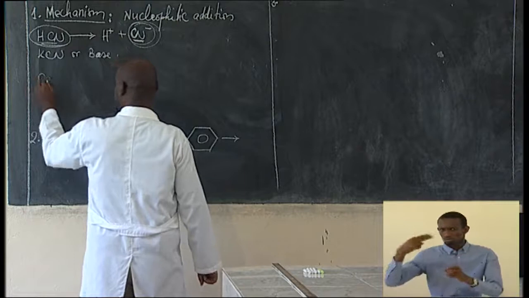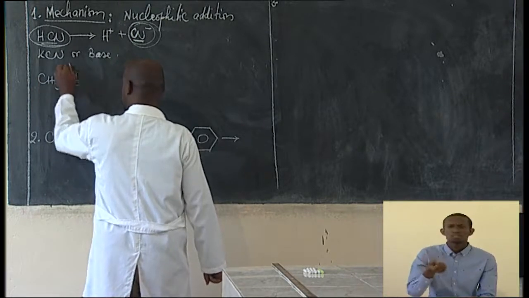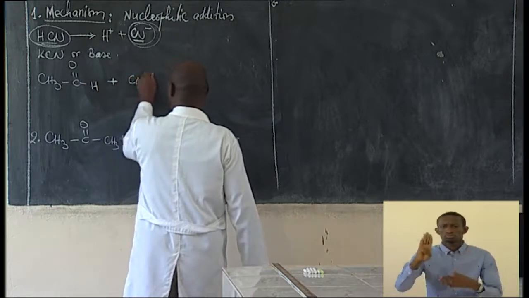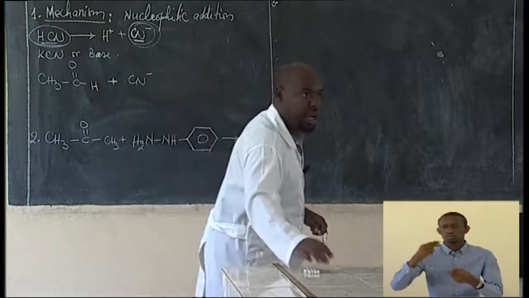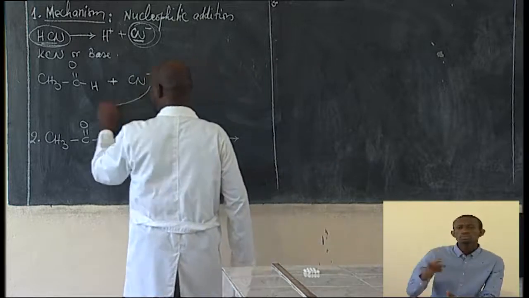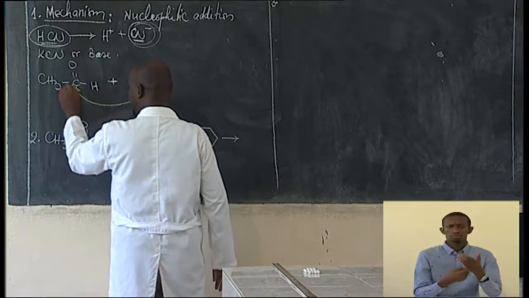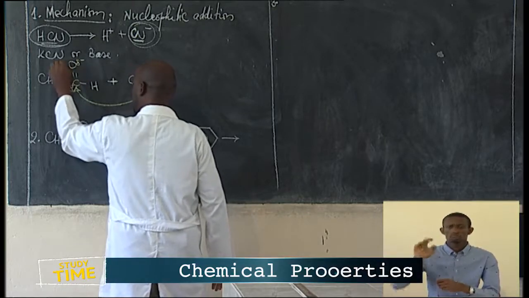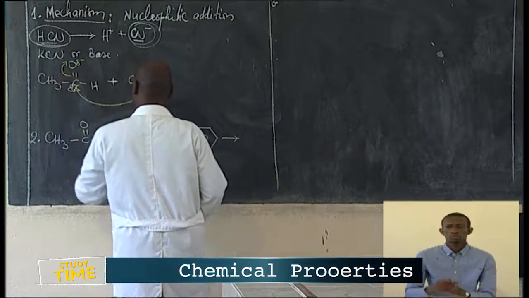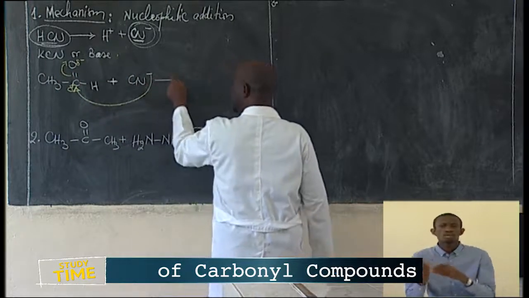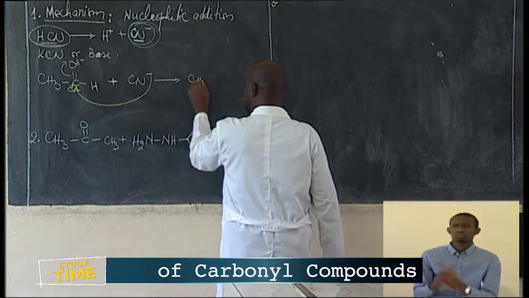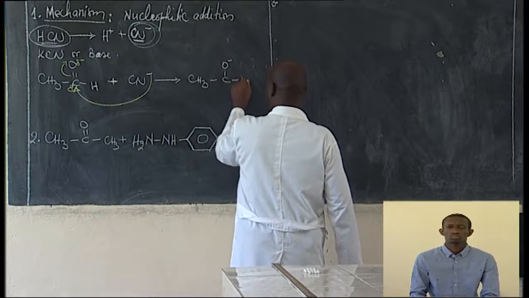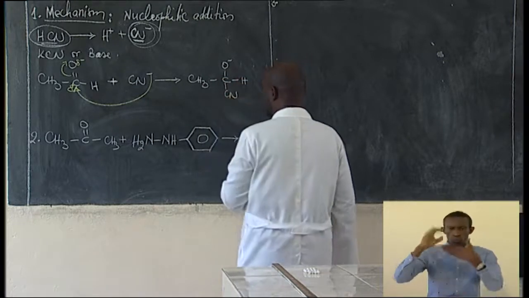So we have ethanal, which is CH3CHO, plus the cyanide ion, and the cyanide ion here will attack the carbon which carries a partial positive charge. Here I have a partial negative charge, and the oxygen-carbon double bond will open to produce this intermediate, CH3CH(O-)CN.